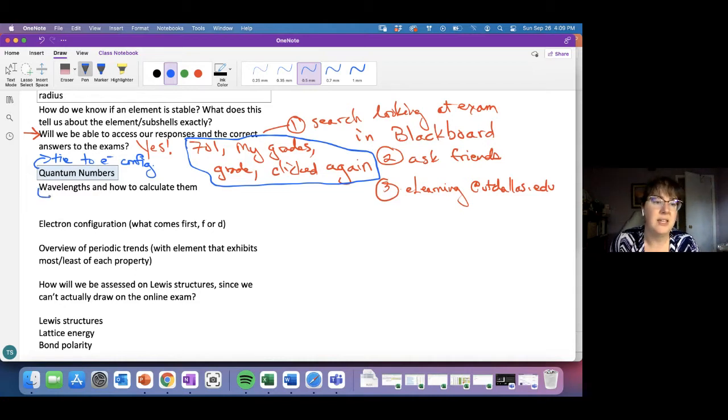Wavelengths and how to calculate them are the ones that will be on the final. Anything that involves your wavelength, like the de Broglie equation, or the speed of light is equal to wavelength times frequency. If you're struggling with any of these, you're definitely still welcome to ask about them.